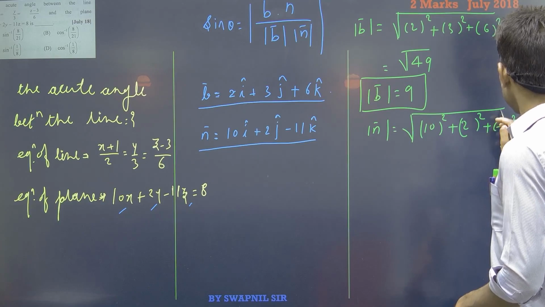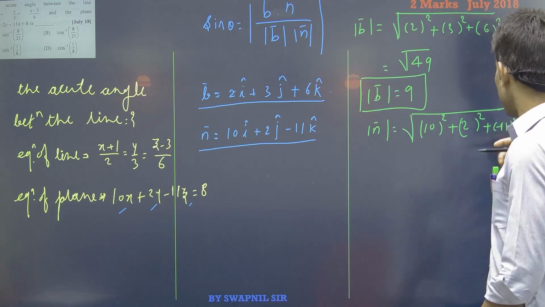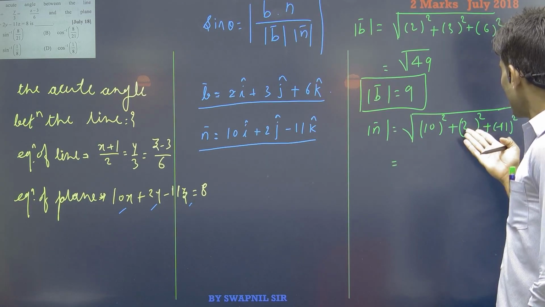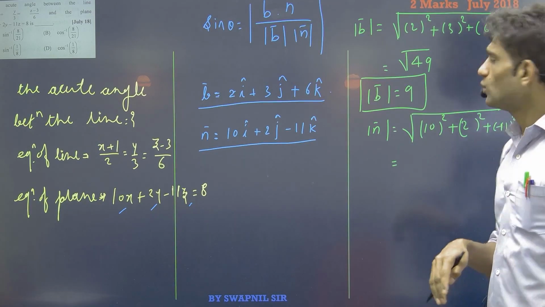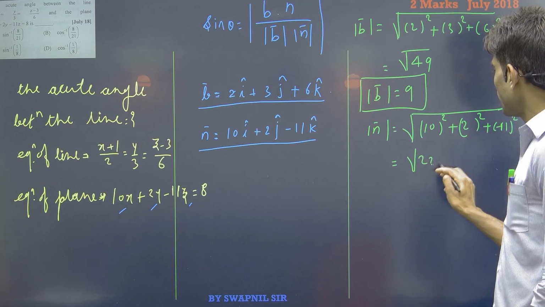We have to be very careful because that negative sign goes under the square. So the next, 11 square is 121, plus 10 square 100, plus 2 square 4. 125 plus 100 goes to 225.